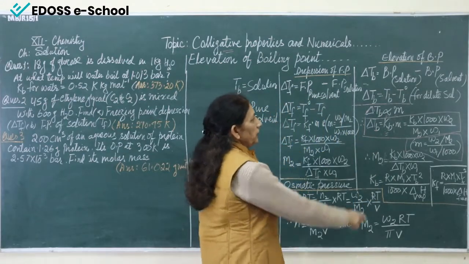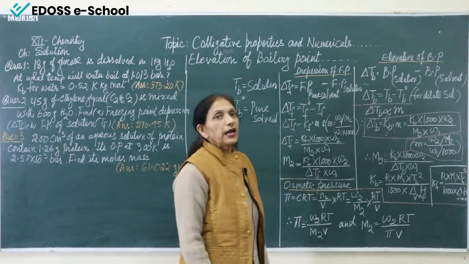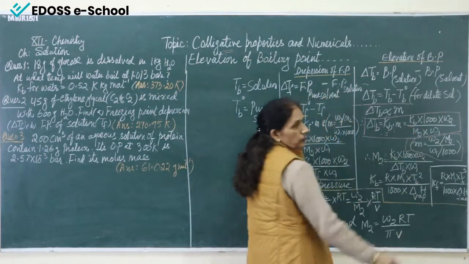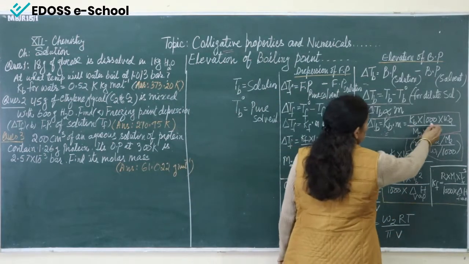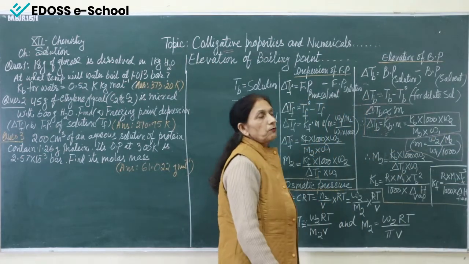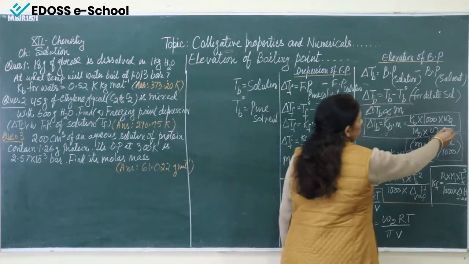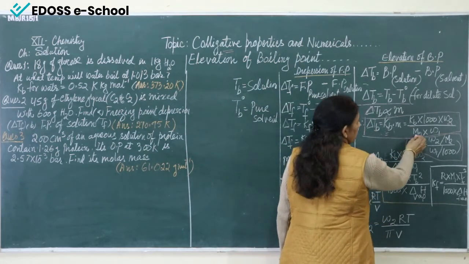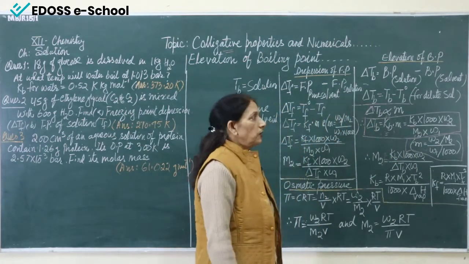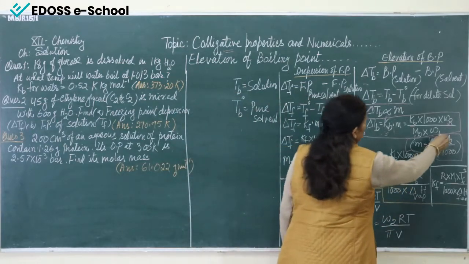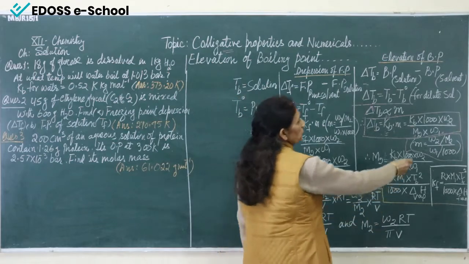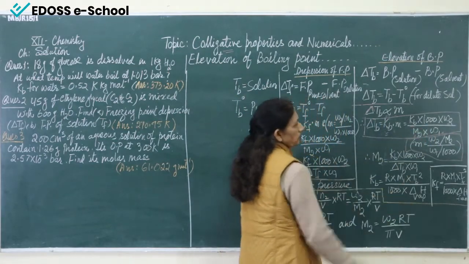If you want to find delta Tb, the elevation of boiling point, Kb is the constant, multiplied by 1000, W2 is the mass of solute, M2 is the molar mass of solute, and W1, where 1 means solvent, is the mass of solvent.